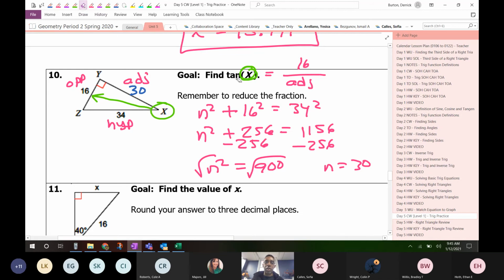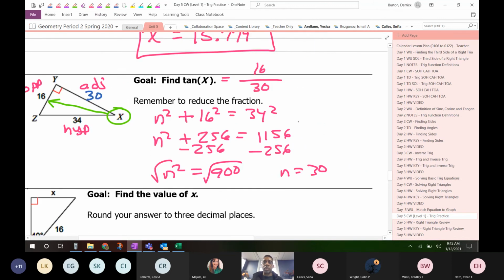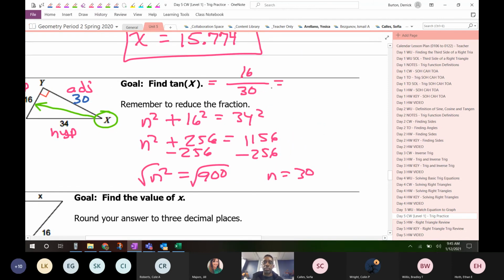For tangent, all we needed was opposite over adjacent, and now we found that adjacent was 30. All you have to do is reduce this fraction. Both of these are divisible by 2. So that's going to be 8 over 15. So this is the tangent of x.